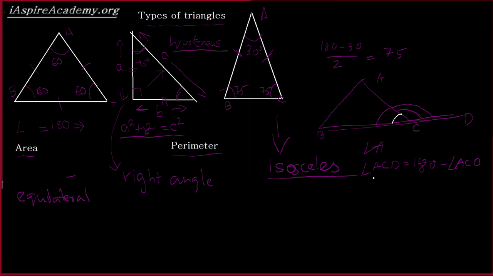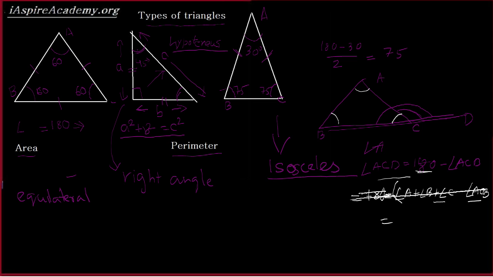Now, if we write ACD equals 180 degrees minus ACB, what is 180 degrees? It is the sum of all three angles of the triangle, meaning this angle plus this angle plus this angle, which is A plus B plus C. Let me write it carefully again.